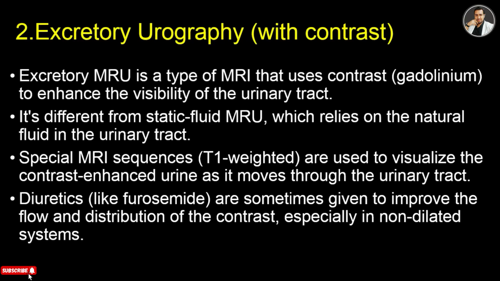Sometimes you can find that the urinary system is not dilated in static fluid urography. So when you push the diuretic injection, the flow of the urine increases, and the contrast flow through the ureter is also increased, and you can get a good urography image.